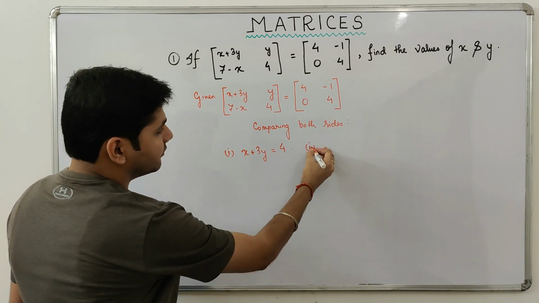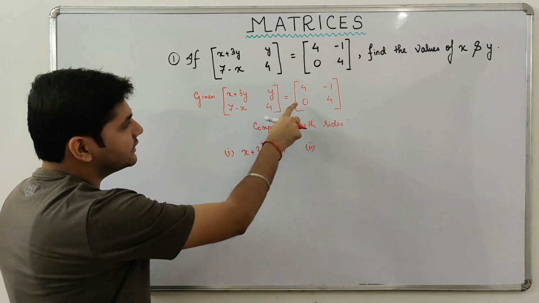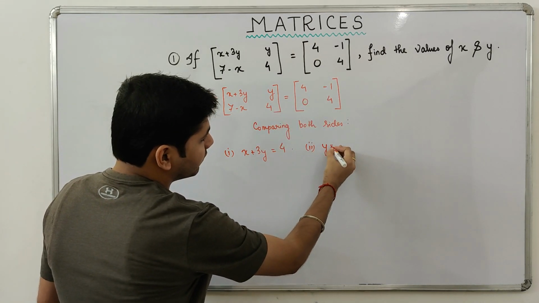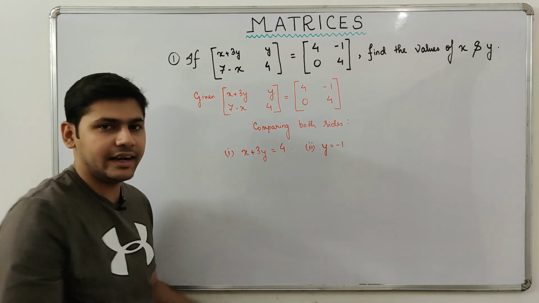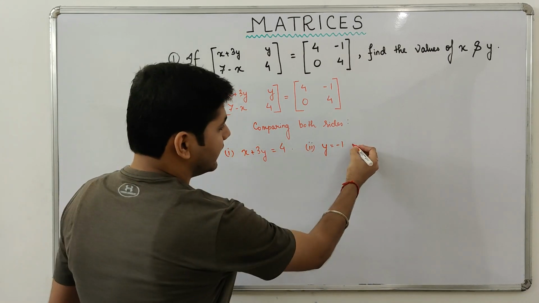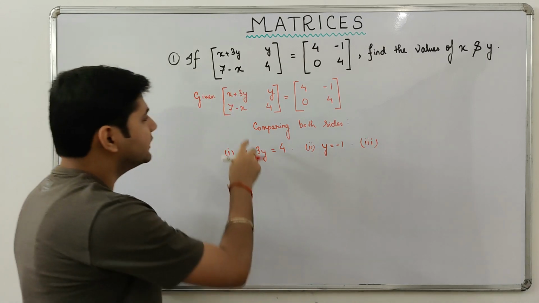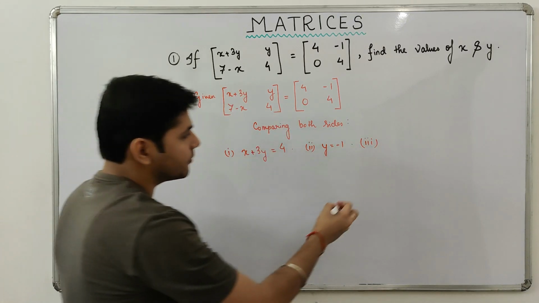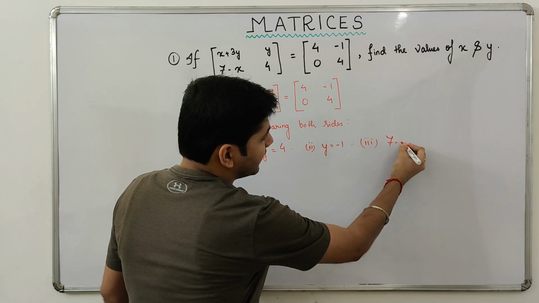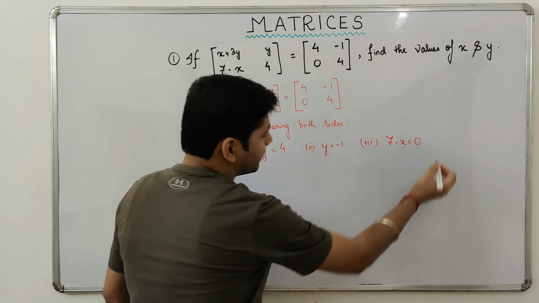Then we will have y is equal to minus 1. So we ultimately get the value of y. And then the third one, which is 7 minus x is equal to 0.